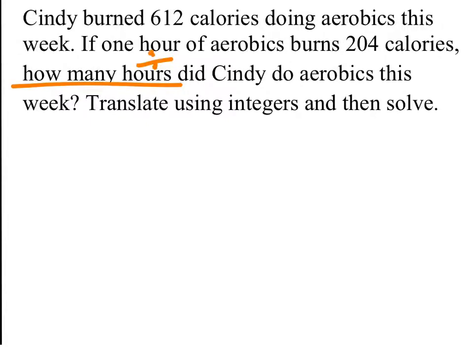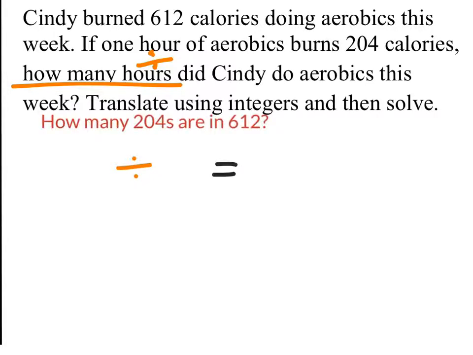So I'm looking to divide two values to get some value that goes into another one. Now, it says that she burned 612 calories, and 1 hour will do 204 calories. So we're really looking at how many 204s are in 612.